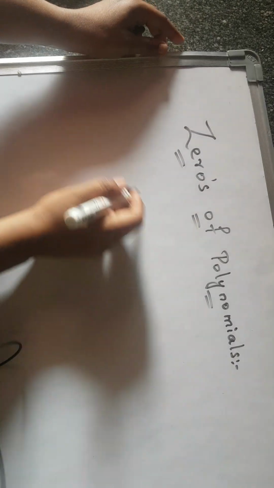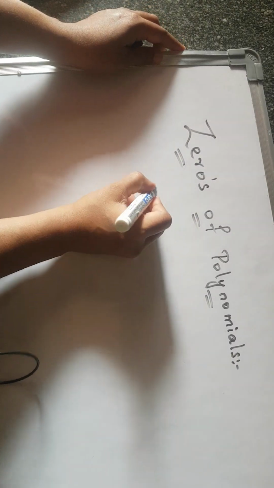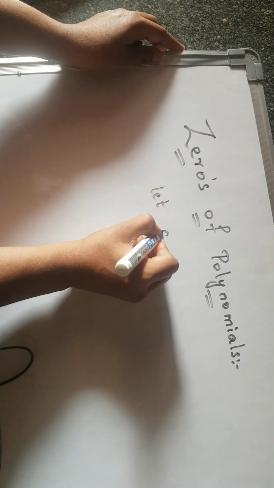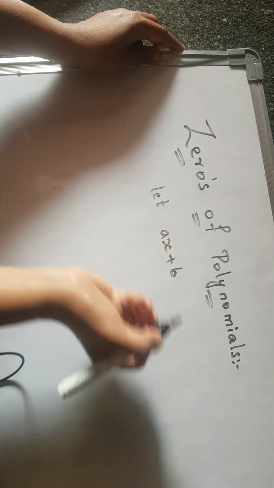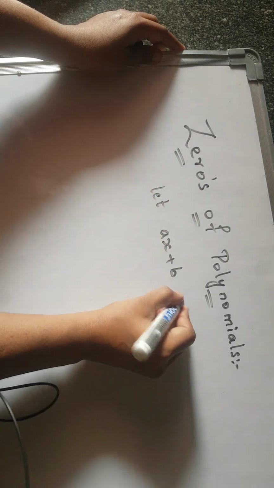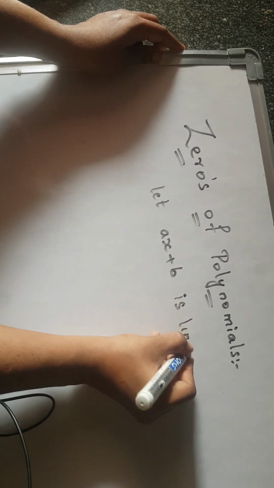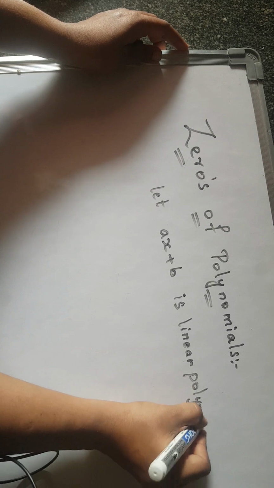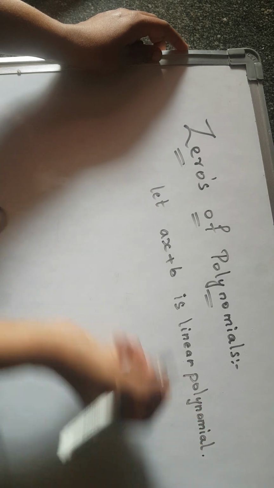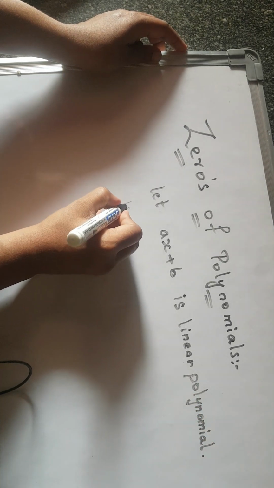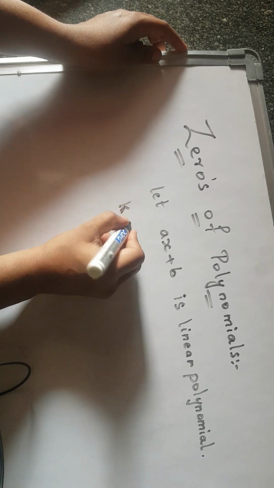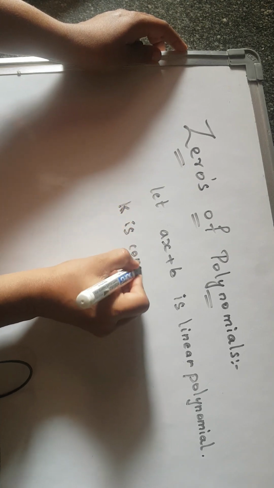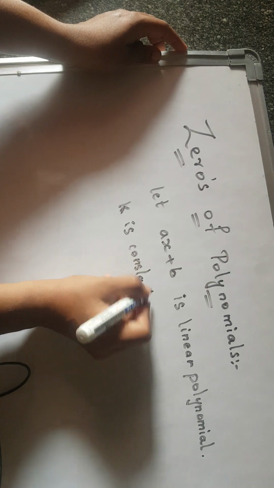Zeros of polynomial means, if you put... let ax plus b be a linear polynomial. What is this? This is a linear polynomial. Suppose k is any constant, so we have to find p of k.